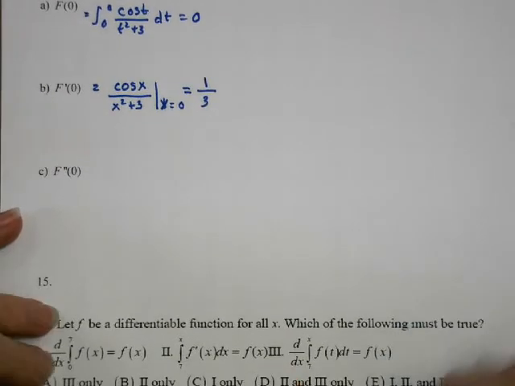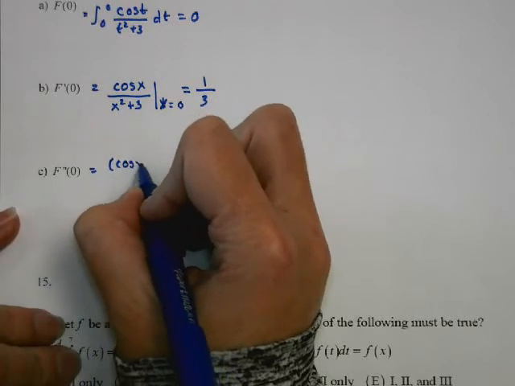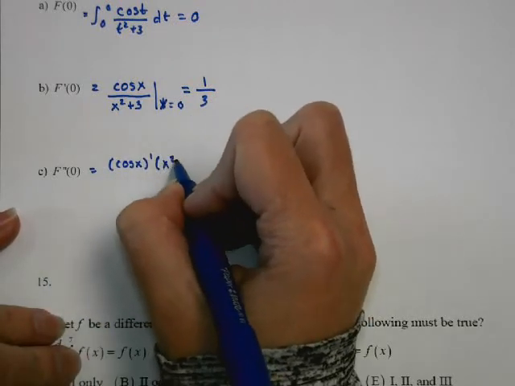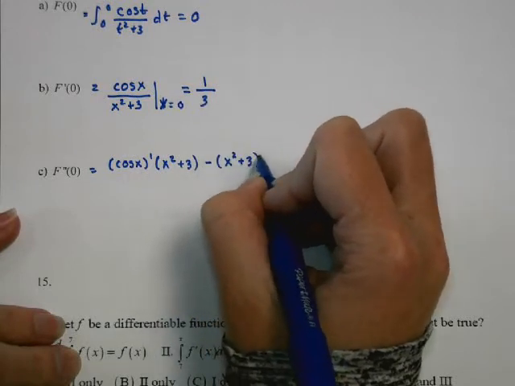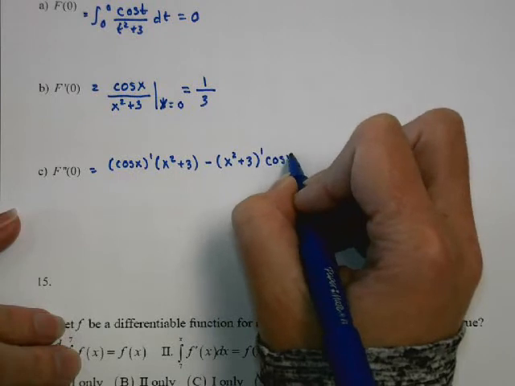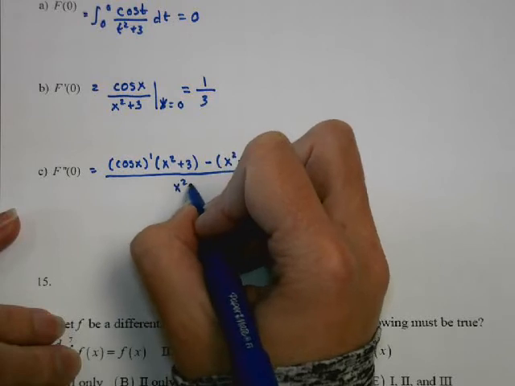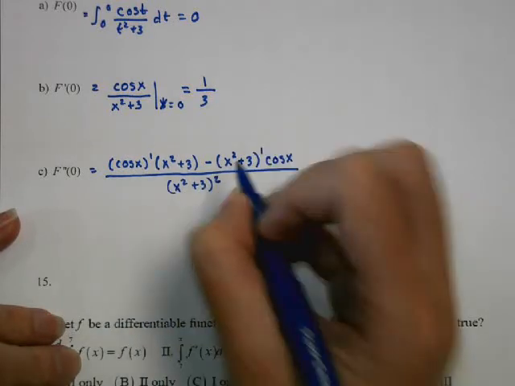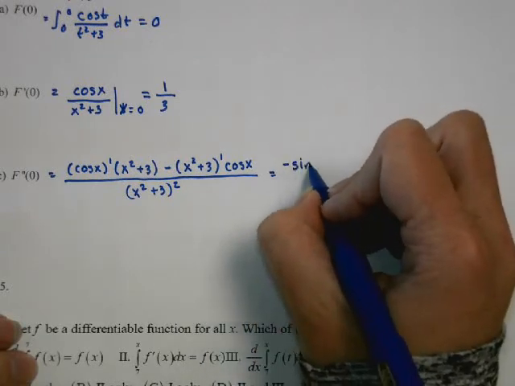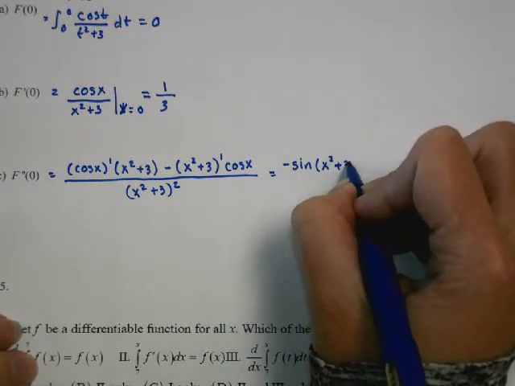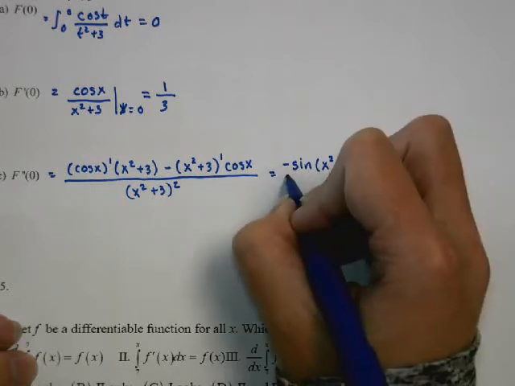The second derivative, we're going to have to use the quotient rule. It's been a while. We have cosine x prime, x squared plus 3, minus x squared plus 3 prime, cosine of x, over x squared plus 3 squared. Okay, derivative of cosine is negative sine x, 2x cosine x.